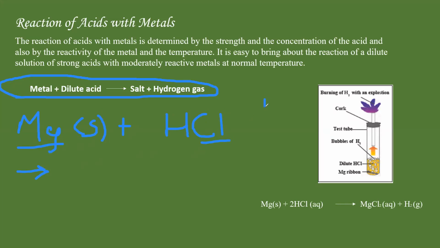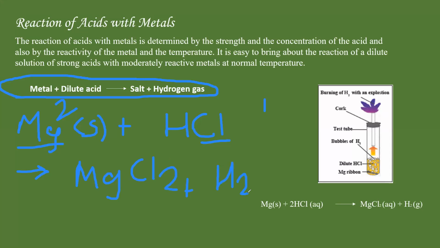To complete its octet, it needs 1 electron, and magnesium can give 2. So Mg and Cl combine, but this magnesium needs to give away 2 electrons to complete its orbit. So we write MgCl2 plus H2.